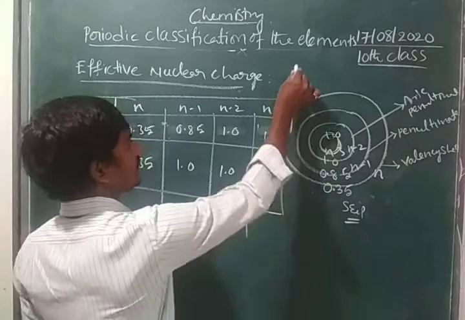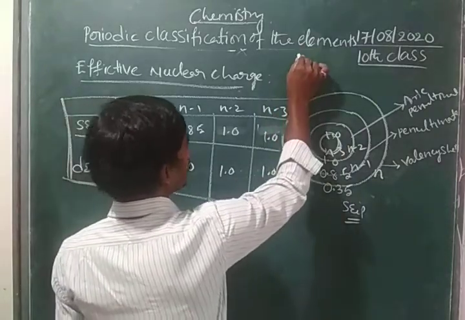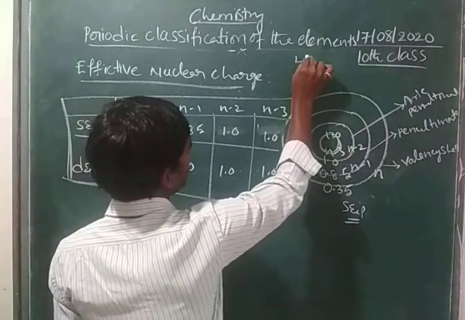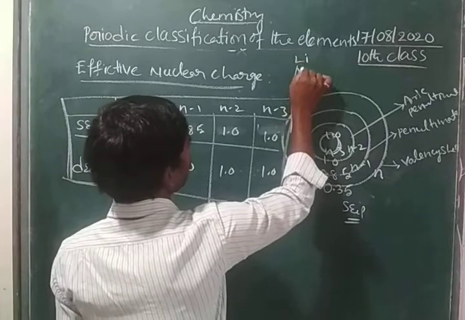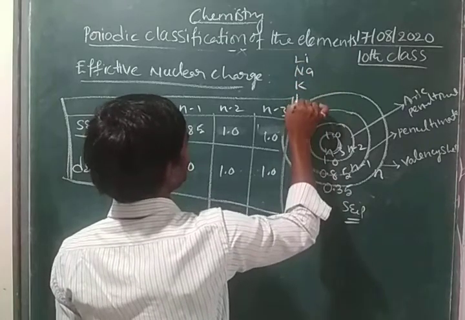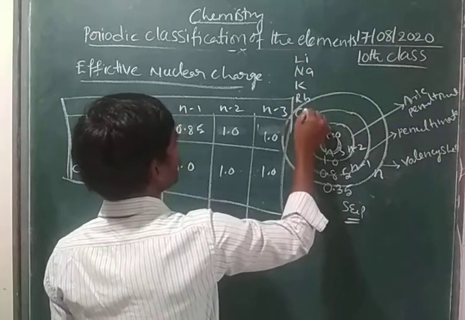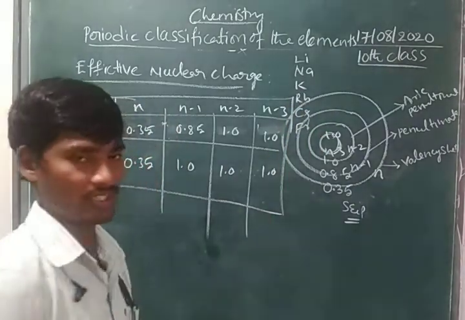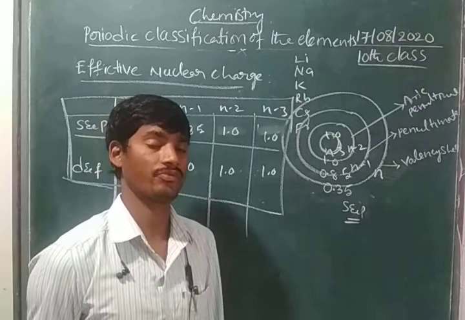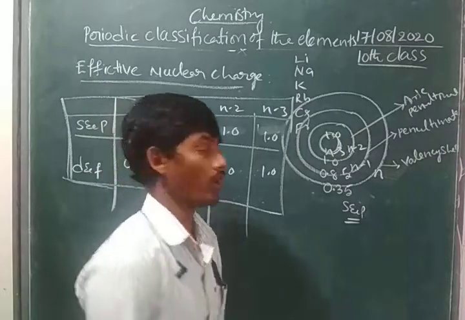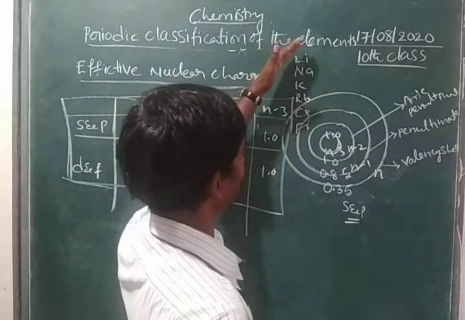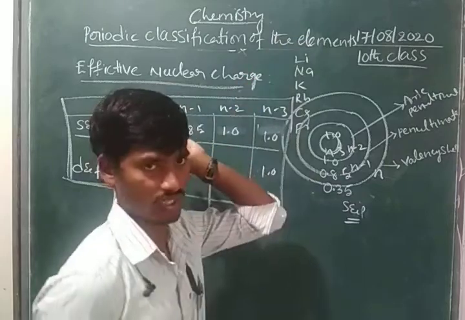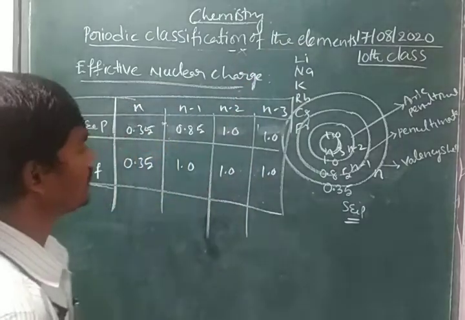Except hydrogen, the remaining elements are lithium, sodium, potassium, rubidium, cesium, francium. These are all first group elements. First, we need to find the effective nuclear charges for these. Right children? First of all, lithium.